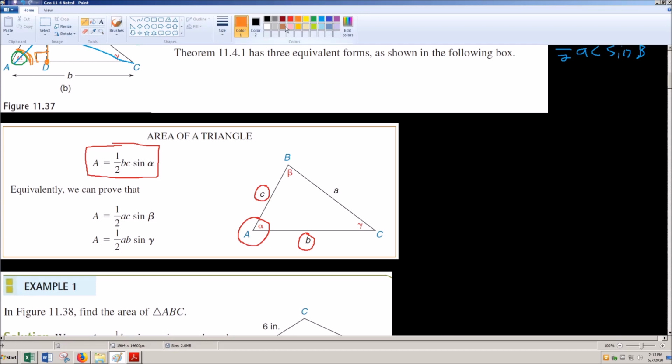If I were to set it up using beta, then I'm going to be using the 2 sides adjacent. And so now here we see that. Last but not least, if I was using gamma, 2 adjacent sides here, and I'm good to go.